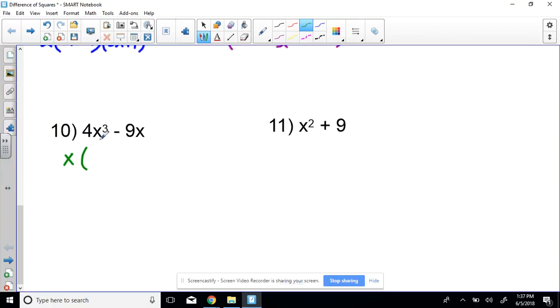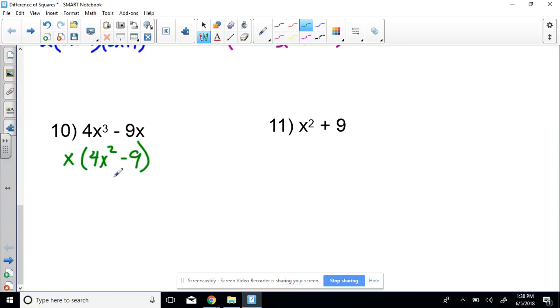If I pulled an x out, that would give me 4x to the 2nd power minus 9. Because x times x squared is x to the 3rd, and x times negative 9 would give me negative 9x.